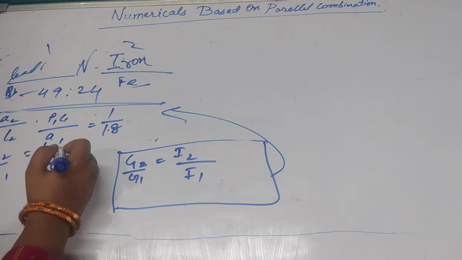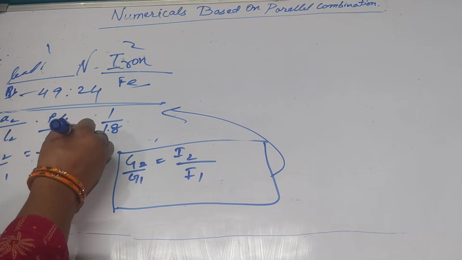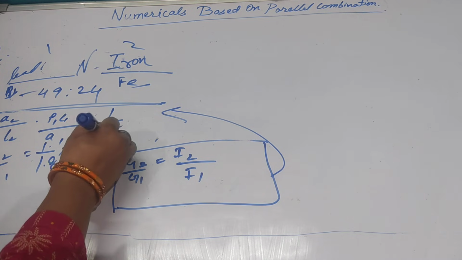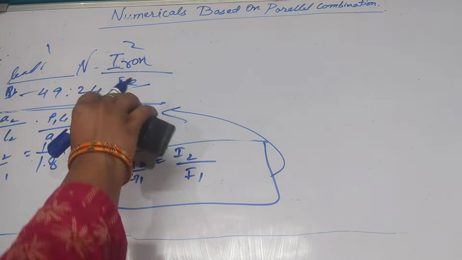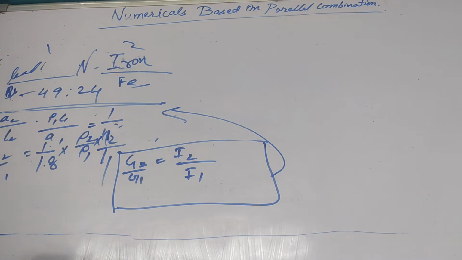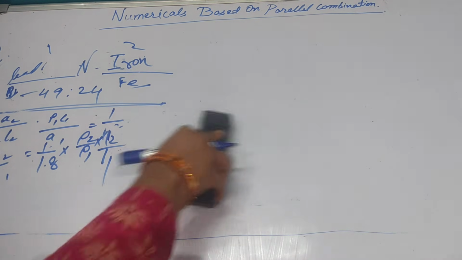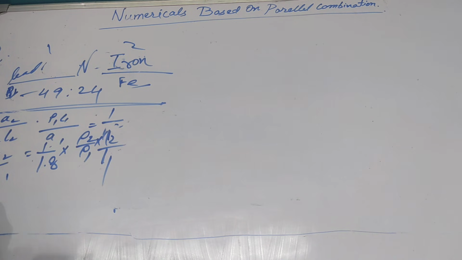Just cross multiply it. L2 by L1. Should I solve it or just write the answer? Okay, let me solve this. So what we'll get, 1 by.